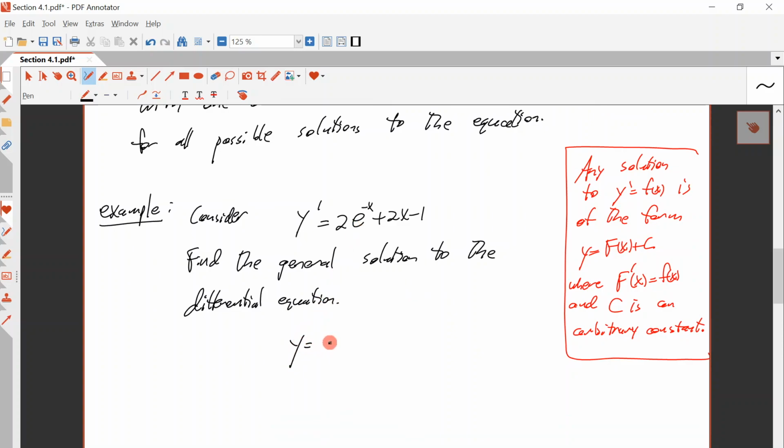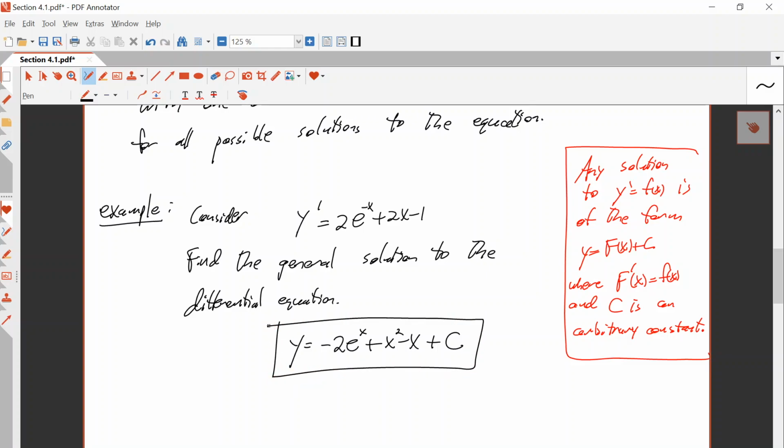So it's y equal to minus 2e to the x plus x squared minus x plus c. So that's all solutions to that differential equation, and the only difference between two solutions is an arbitrary constant.